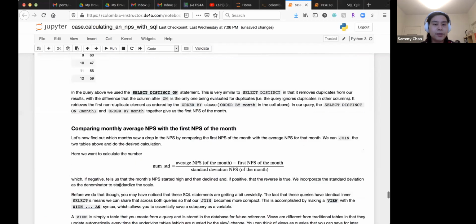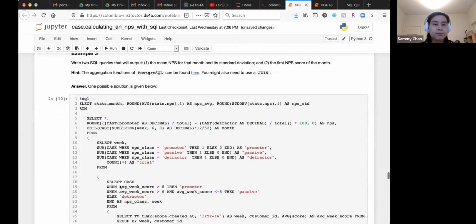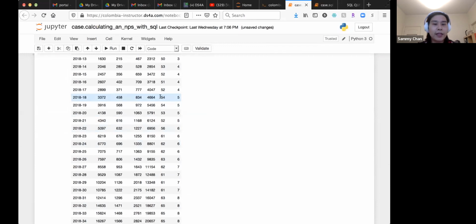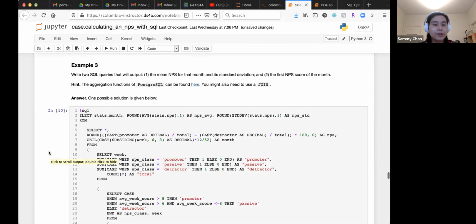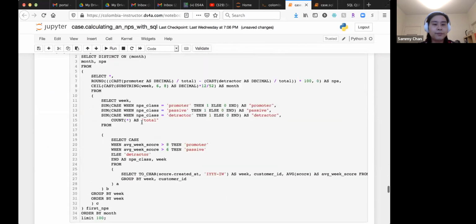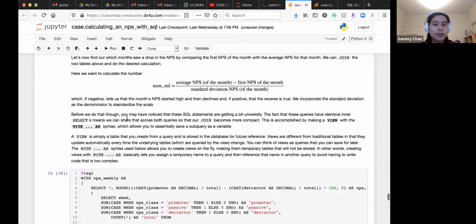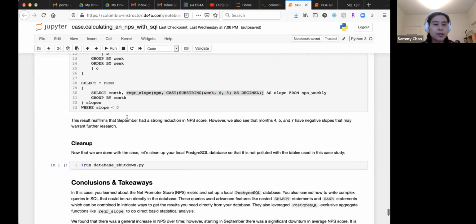So let's go back up. It calculates on a monthly basis. So say for the month of May, 54, 53, 52, we would see the slope of this month of the average NPS is slightly negative. So then let's see.